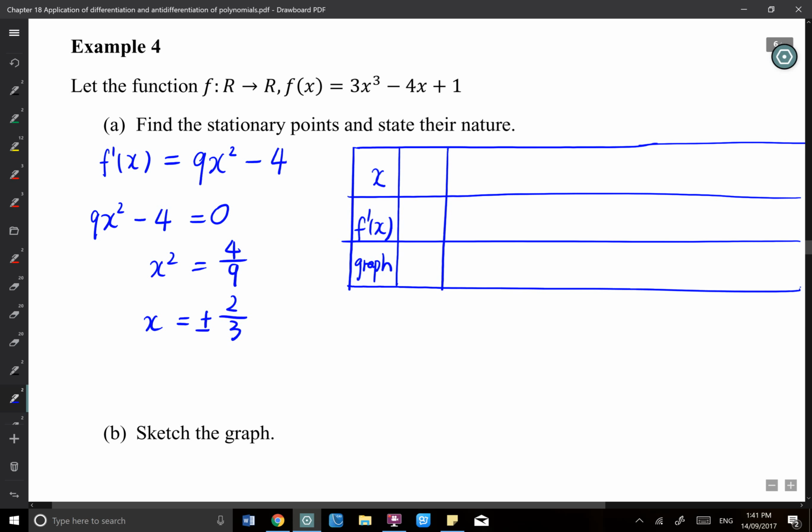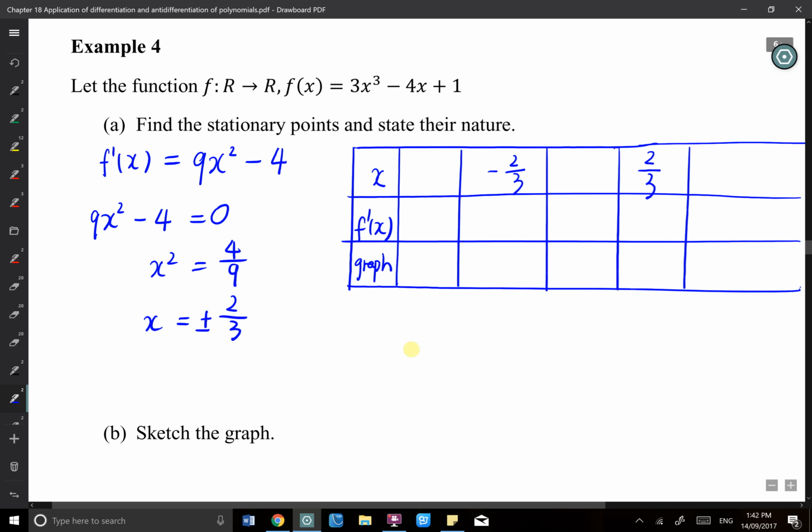The first one is empty. The second one will be negative 2/3, in order from the smallest to the largest. Then 2/3 next, and then another one.